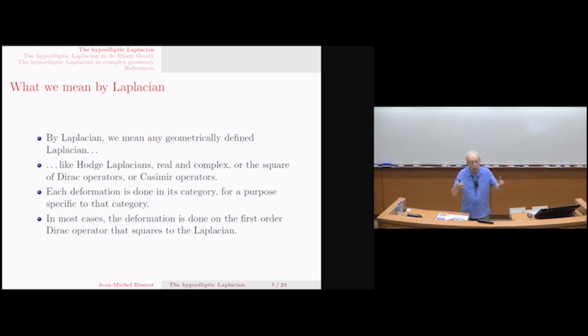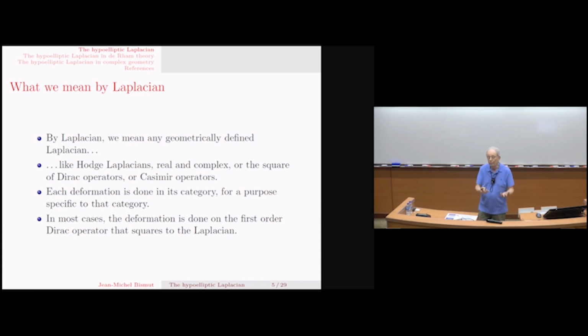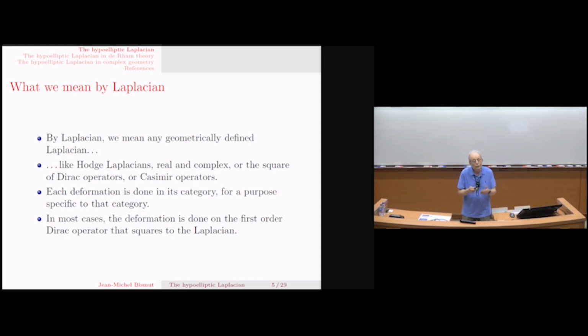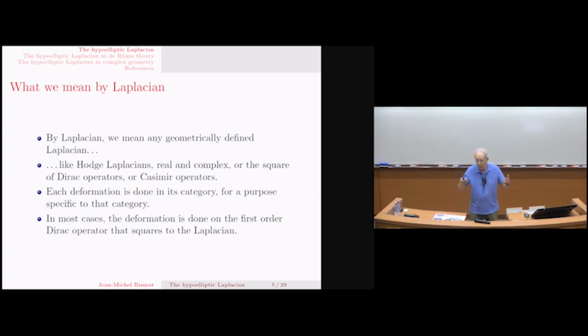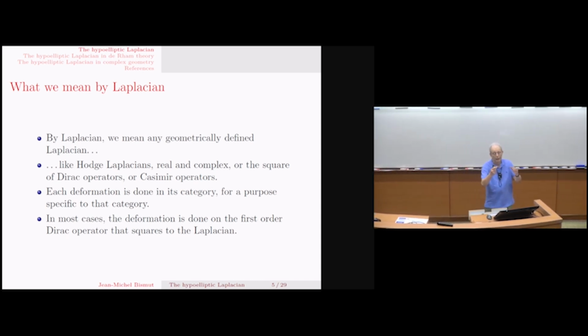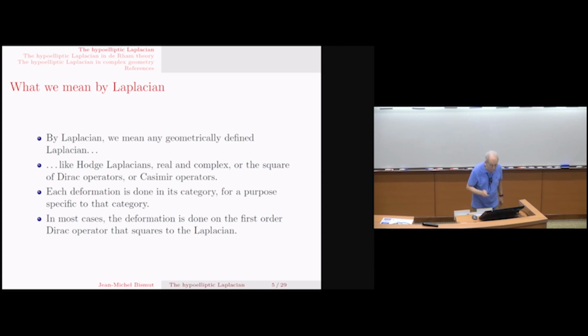It's done on the first order operator, whose square is the Laplacian. So in other words, the Hodge Laplacian is the square of a first order elliptic differential operator, which is a Dirac-like operator. You also have Dirac-like operators in complex geometry. So actually, to understand the deformation, it will be done at the level of these first order differential operators.